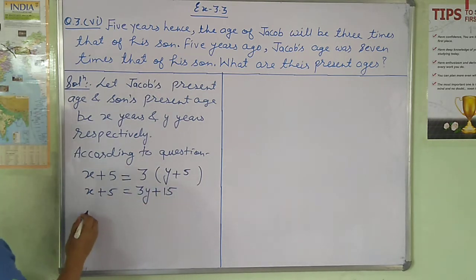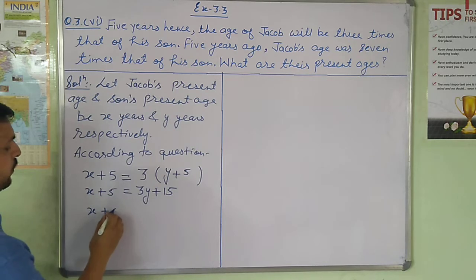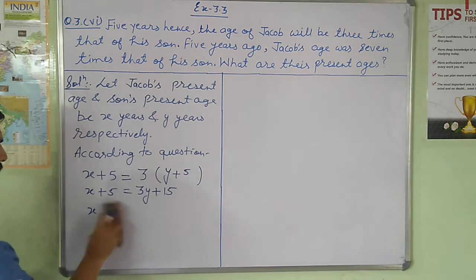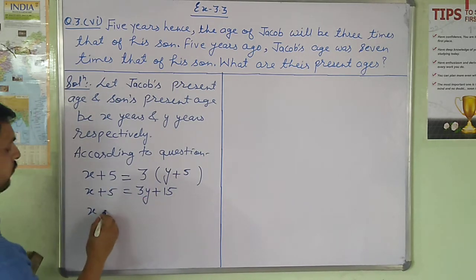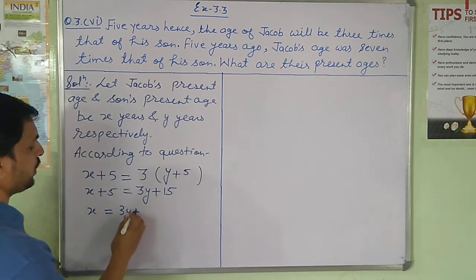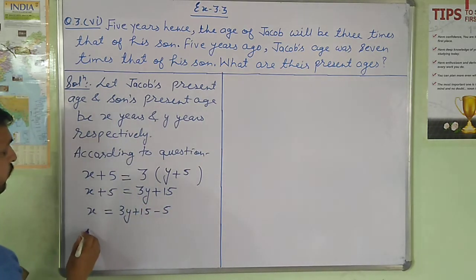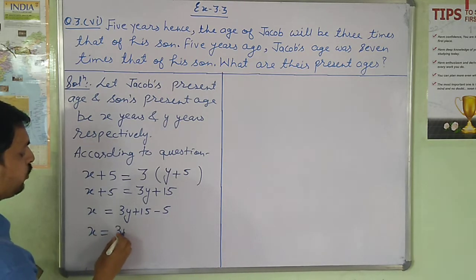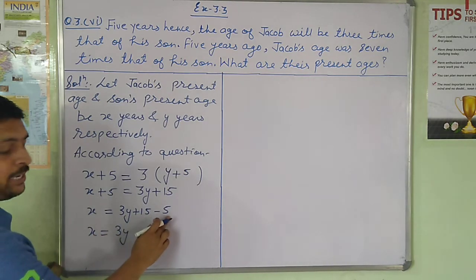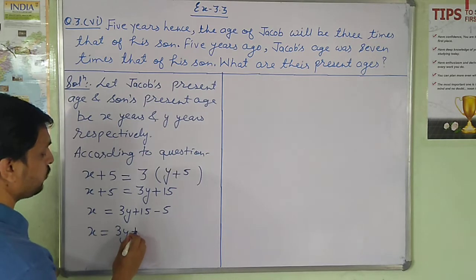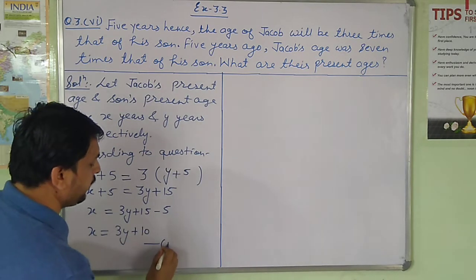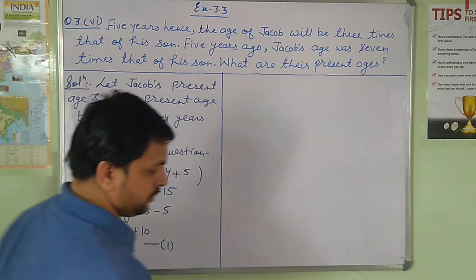So students, it is x plus 5 equals 3y plus 15, and 5 will be shifted there, so it will be negative. So x will be equal to 3y, 15 minus 5 will be 10. So 3y plus 10. Let it be equation number first.